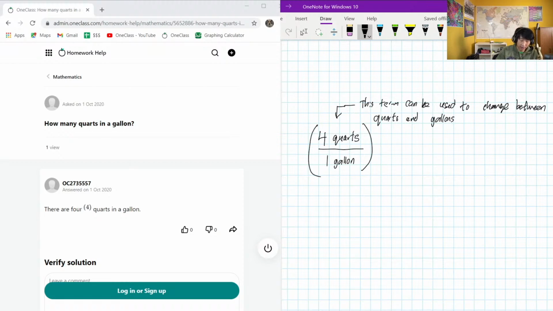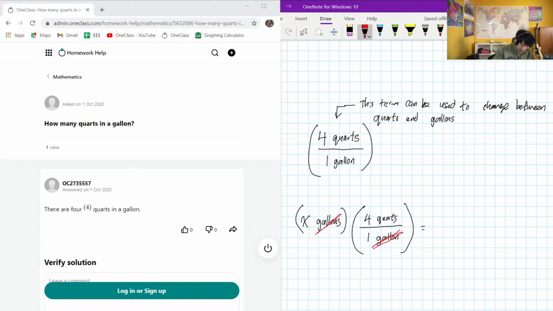Suppose that we have x gallons. If we multiply x gallons by 4 quarts per 1 gallon, you can see that we can treat these units pretty much like they're variables in math. If we multiply them together, the gallons on the upstairs cancel out with the gallon down here, right? Because anything divided by itself has to be 1, so we can cancel them out.